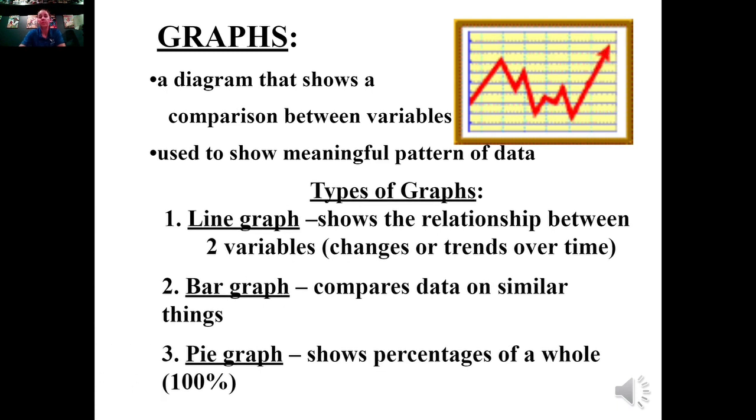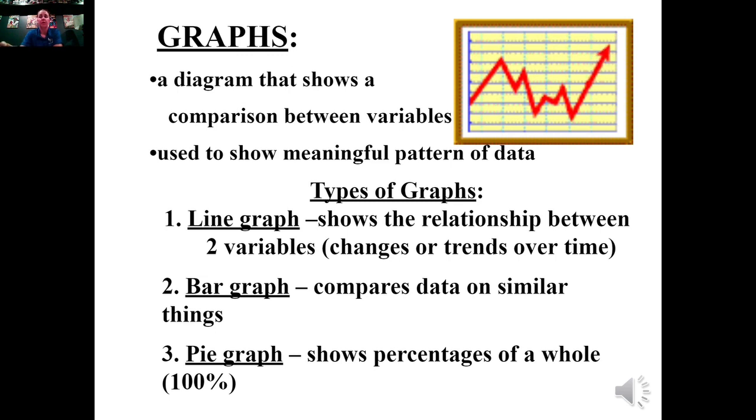So we have three basic types of graphs that we use in science. We have a line graph, bar graph, and pie graph. Line graphs are the traditional way to go, especially when you have numbered data in both the independent and the dependent side. The nice thing about a line graph is it shows how you manipulating the independent variable causes the dependent variable to change, usually over a period of time.